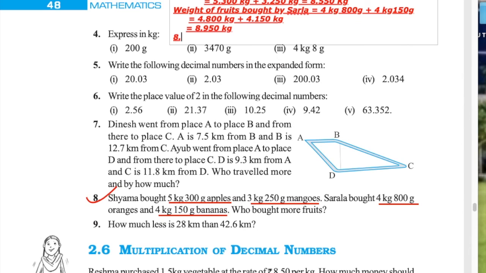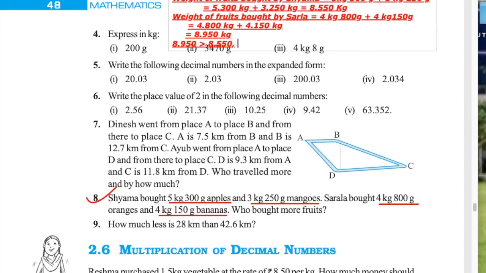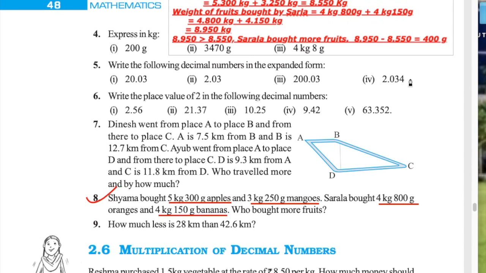As 8.950 is greater than 8.550, Sarla bought more fruits. So cross check your answer if you have done this question.